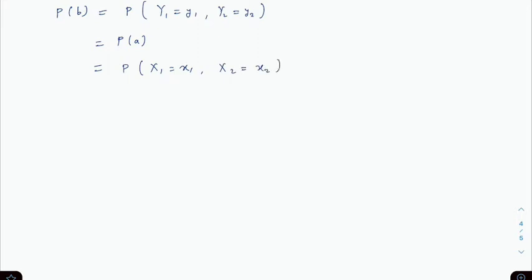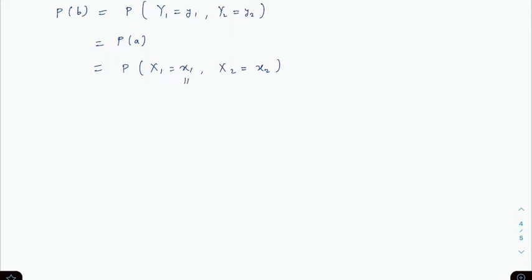For discrete PDFs, on the other hand, the same is quite easier. So we can take the subsets A and B to contain just one point. So in that case, PB is the probability that Y1 equals small y1 and Y2 equals small y2, and we want this to be equal to PA, which is the probability that capital X1 equals small x1, capital X2 equals small x2.